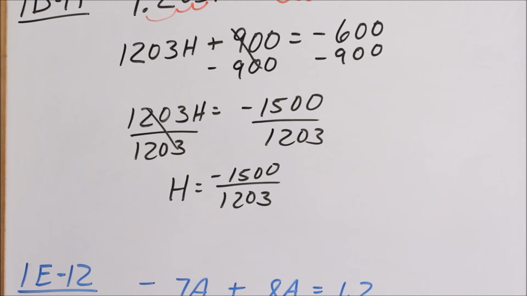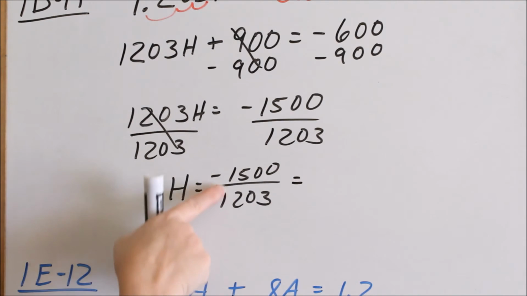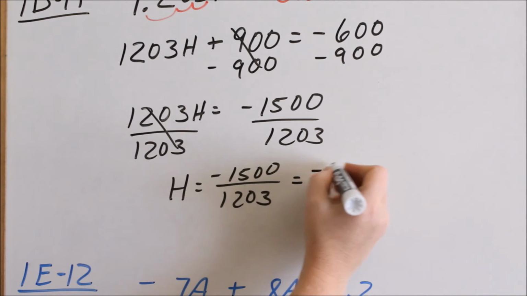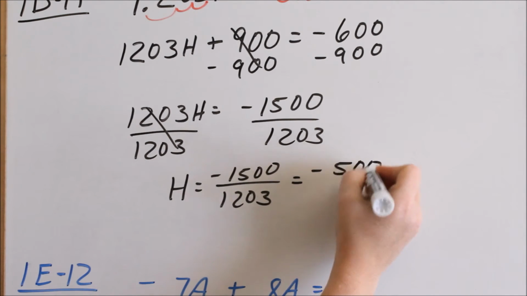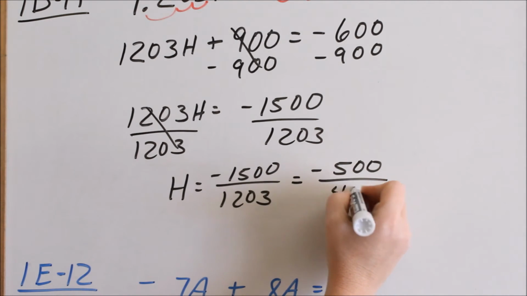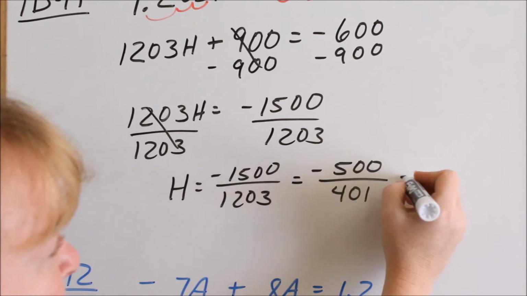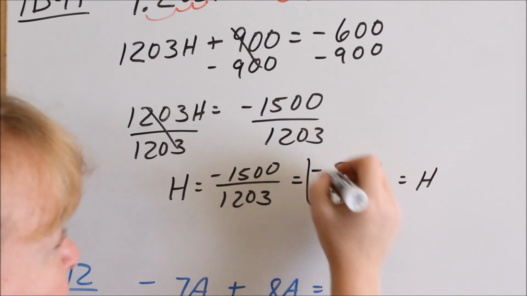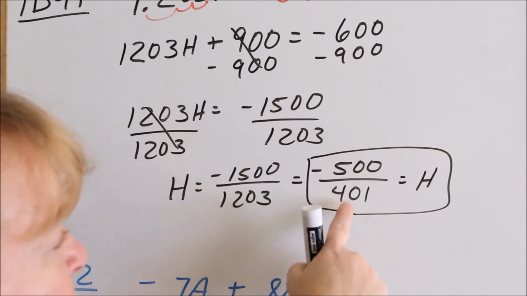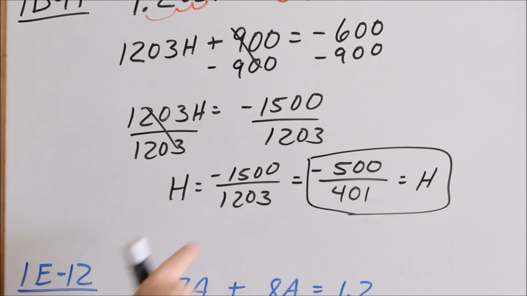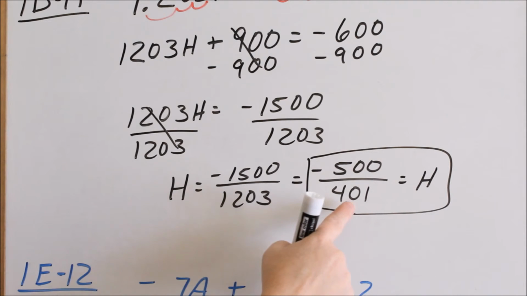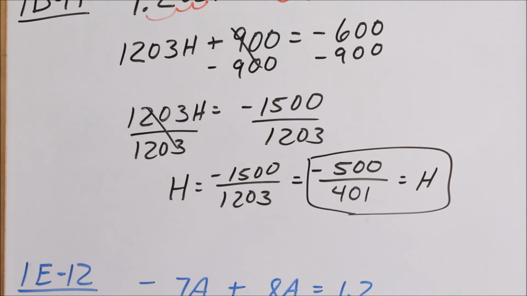I think that reduces, yep, this reduces by 3. So they each reduce by 3. Leave your negative. That should be 500, and this will be 401. And then I don't believe that will reduce anymore. The book might not show this actual final reduced answer, but always make sure that this reduces. You can leave them as improper, or you can turn them into a mixed number.